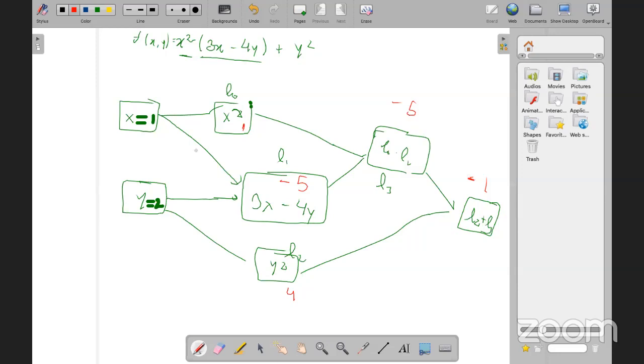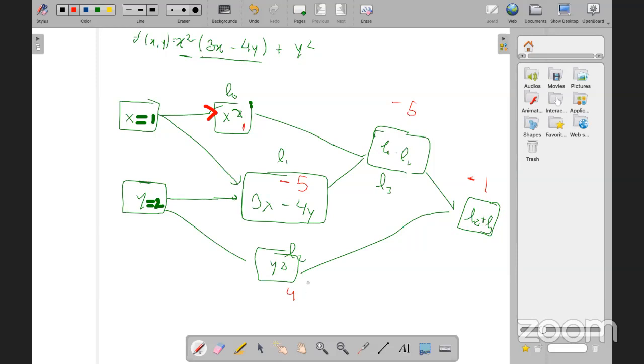Okay, there's one resemblance here. Every time I go from one node to another node, this is a directed graph. First of all, you can calculate that value using the previous values, and at each step it's a pretty simple operation. Here it's 3x minus 4y.